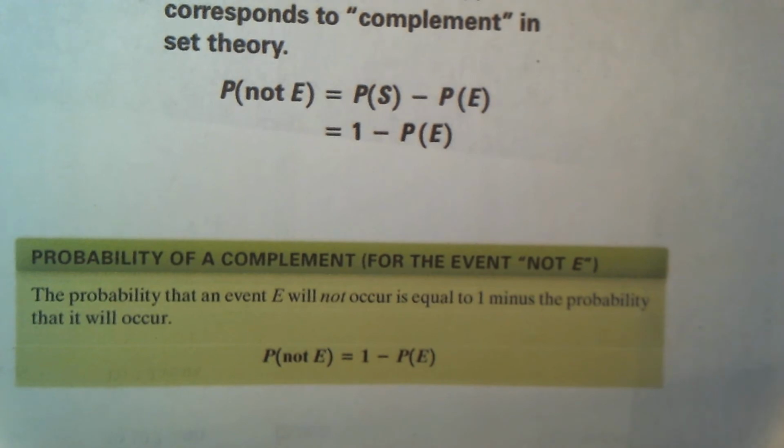The probability of a complement, for the event not E: the probability that an event E will not occur is equal to 1 minus the probability that it will occur. So that's a very, very important formula, and it can be used in many cases where the left side is more difficult to evaluate than the right side. And again, this formula will be used a lot more in the future, also in a slightly different way.